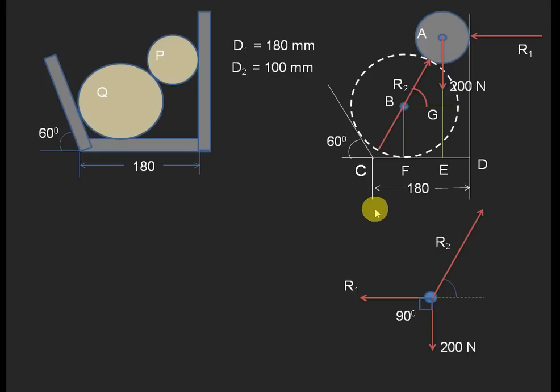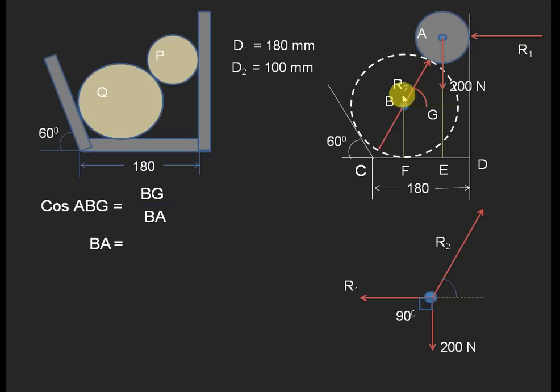In that we apply cos ABG, which is equal to adjacent by hypotenuse, that is BG by AB, or BA. Here BG is not known, we need to find it out, and BA is also unknown, but by analyzing the free body diagram we can find BA.